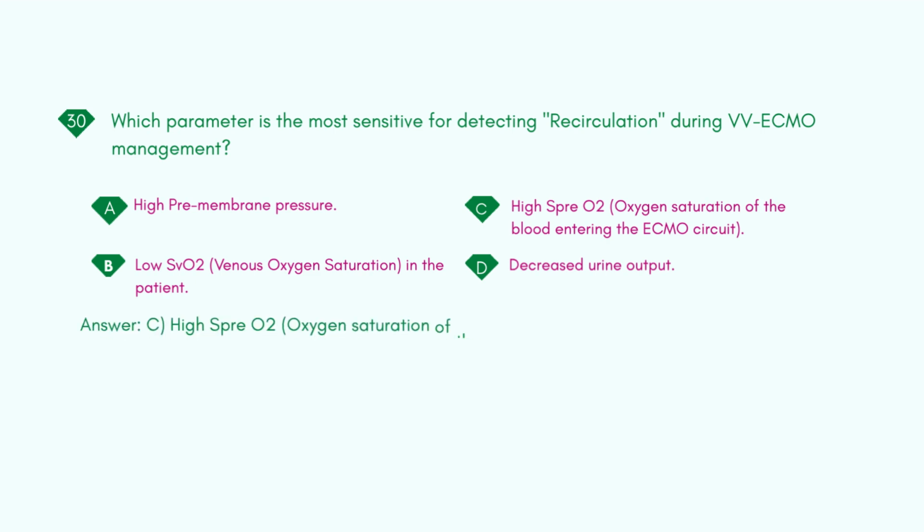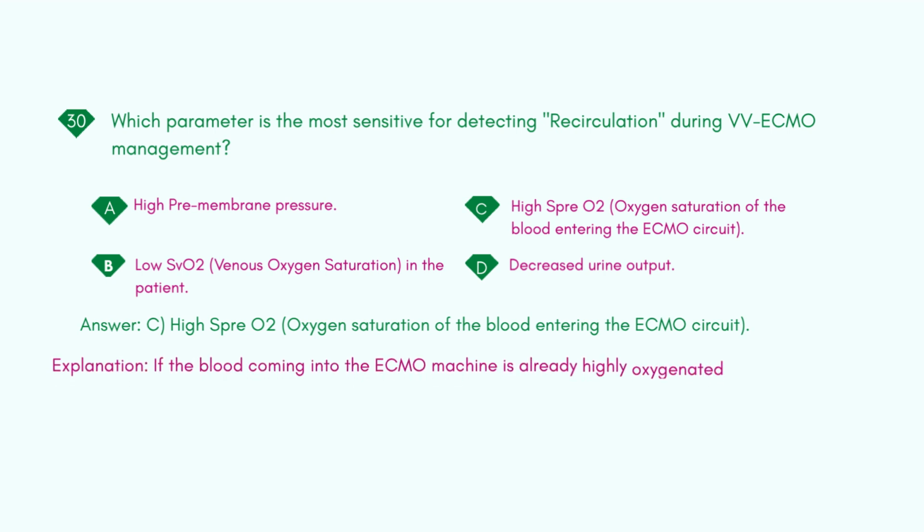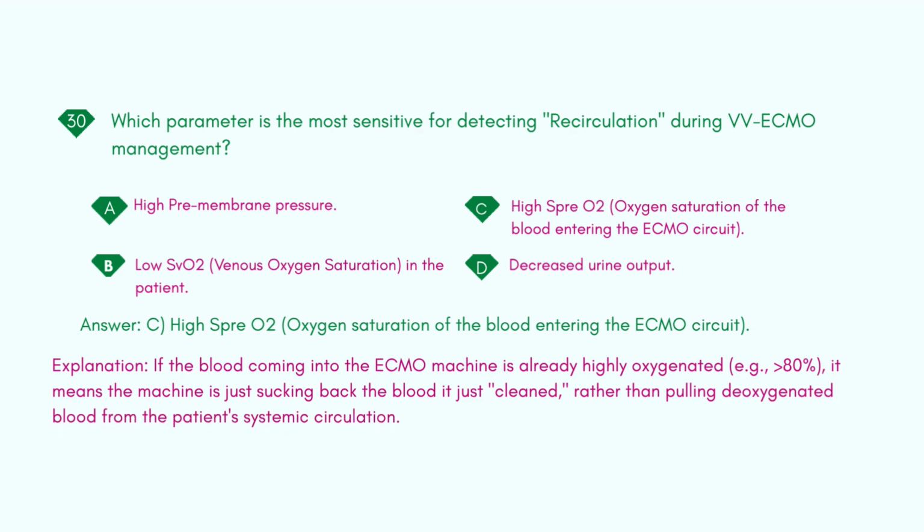Answer: C. High SpO2, oxygen saturation of the blood entering the ECMO circuit. Explanation: if the blood coming into the ECMO machine is already highly oxygenated, e.g., greater than 80%, it means the machine is just sucking back the blood it just cleaned, rather than pulling deoxygenated blood from the patient's systemic circulation.